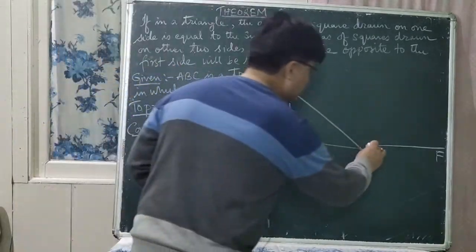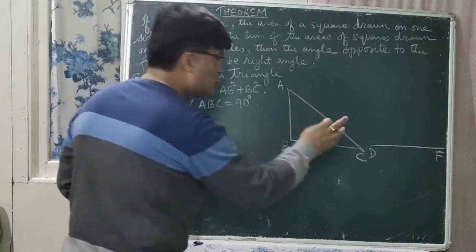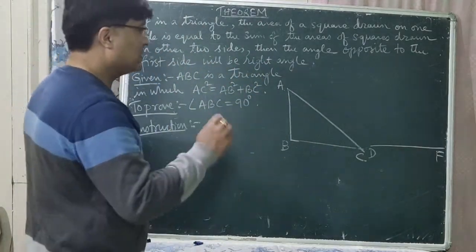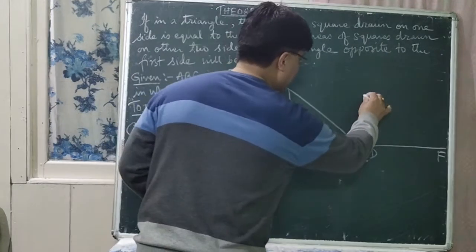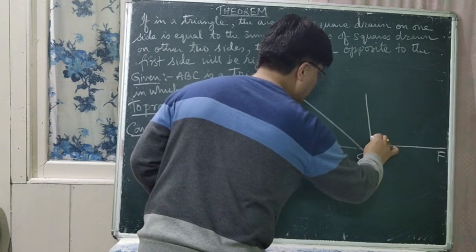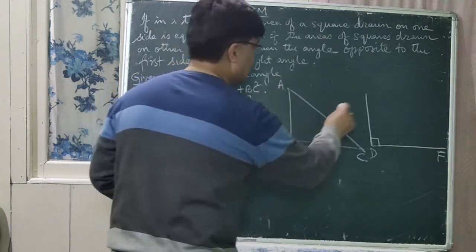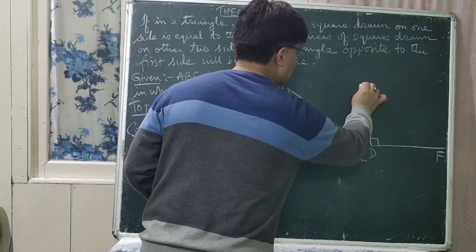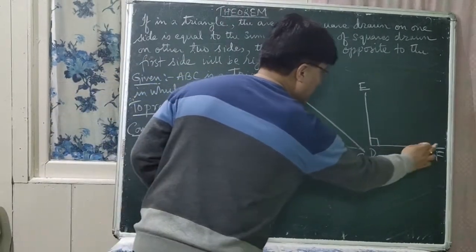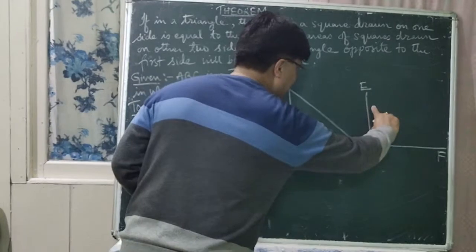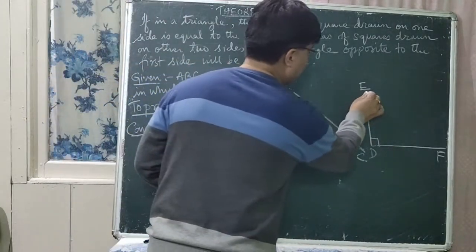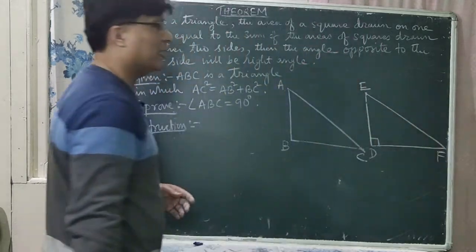Then let us draw ED which is perpendicular to DF, making ED equal to AB. Then join E and F.